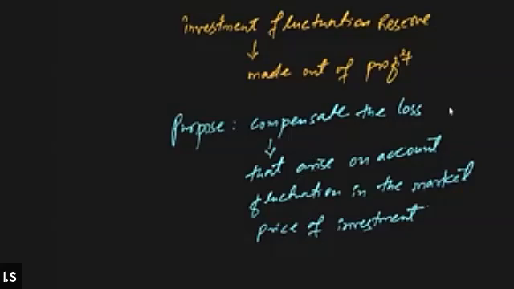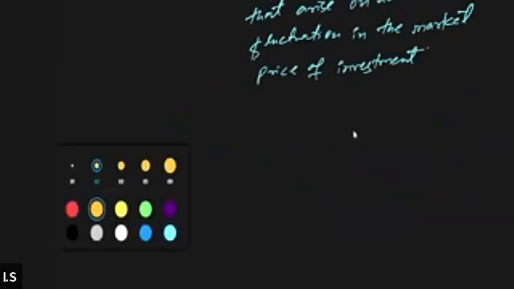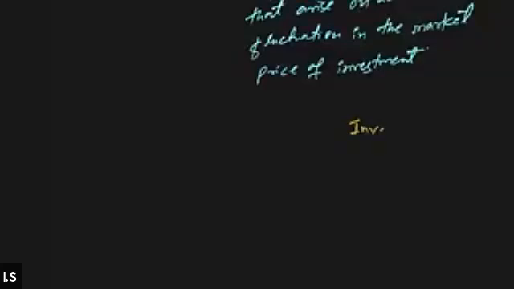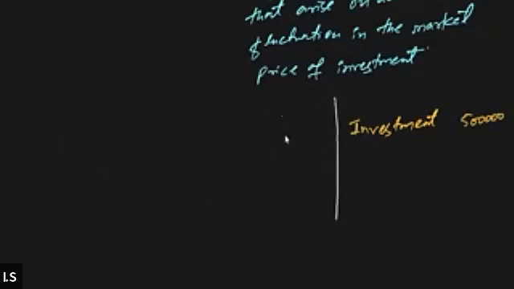So let me explain this through an example. Let's suppose we have made an investment. The value of the investment made by the firm is, let's suppose, rupees 5 lakhs. This is the value of investment, and this is basically shown in the balance sheet.